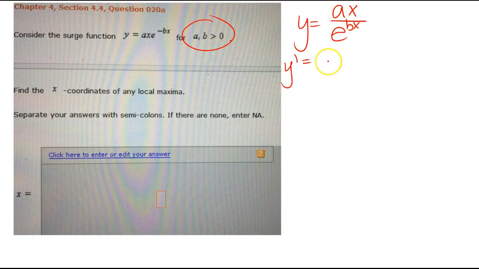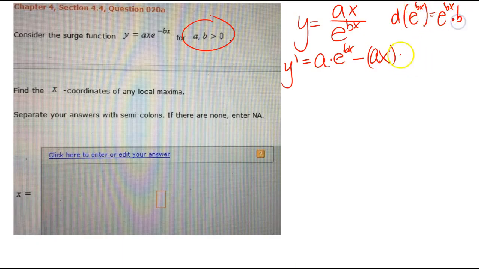The derivative of the top is just a times the bottom minus the top times the derivative of the bottom. And we already said the derivative of e to the bx is e to the bx times b, right? So I'll put b e to the bx all over e to the bx squared.